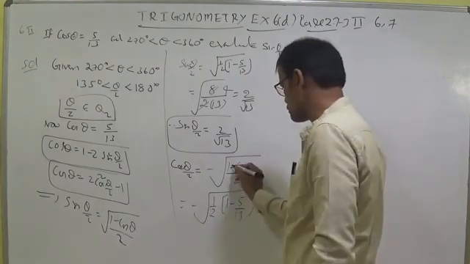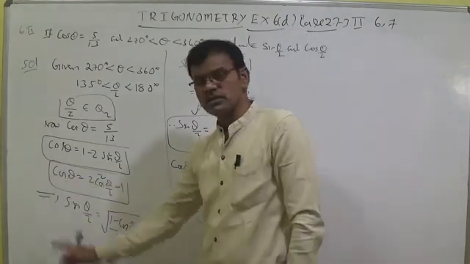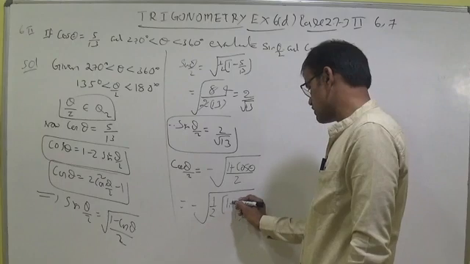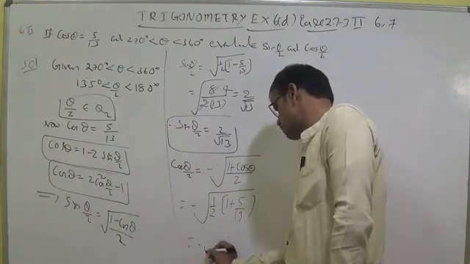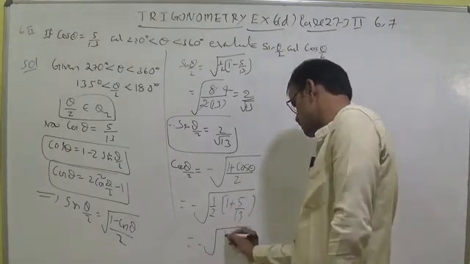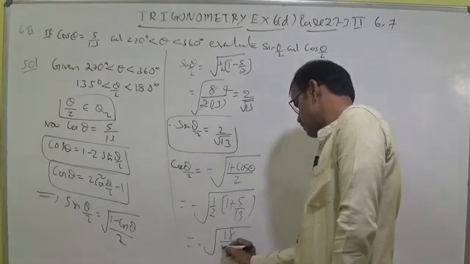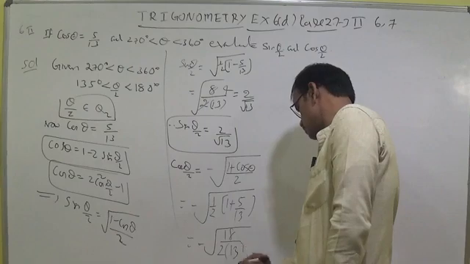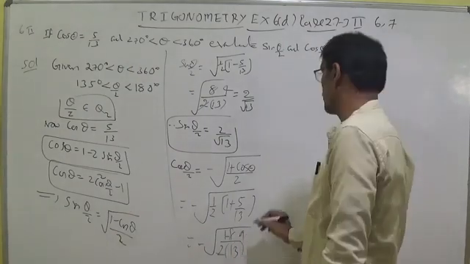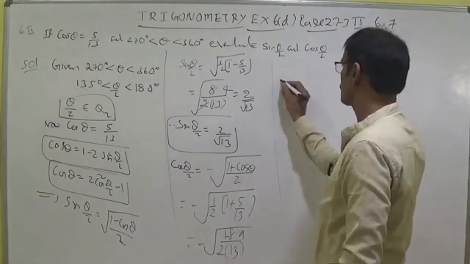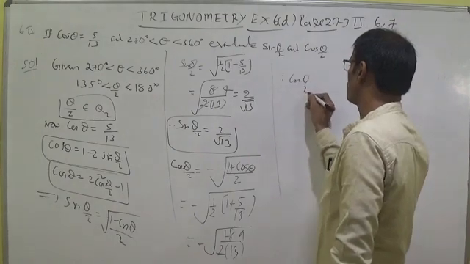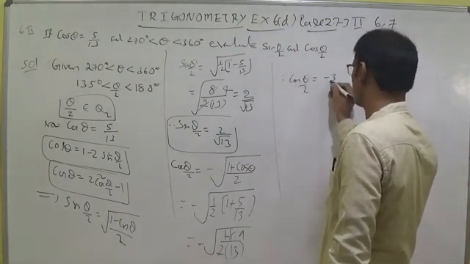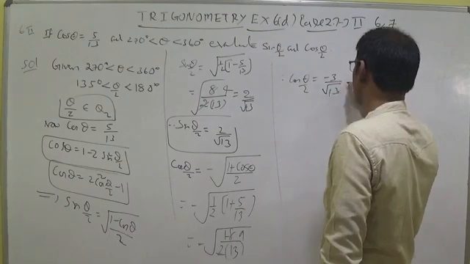So it becomes minus into root of 13 plus 5, 18. Put here minus 18 by 2 into 13. This 2 will divide 18, 9 times. Therefore, you can write cos theta by 2 is equal to minus 3 by root 13.